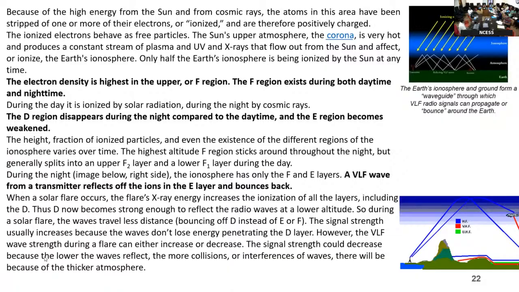If the sun sets, there is recombination, ionization will be reduced, and they may disappear also, especially the D region. So it becomes relatively weaker during night time.